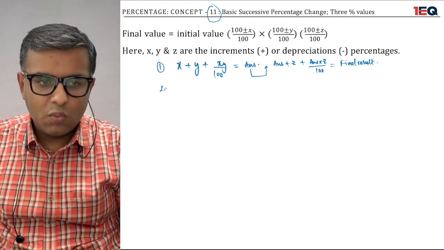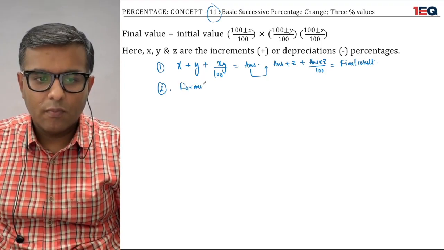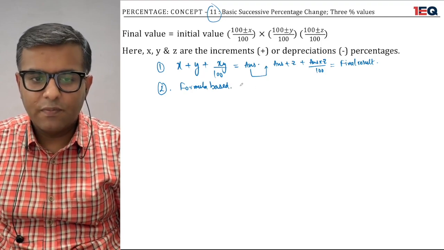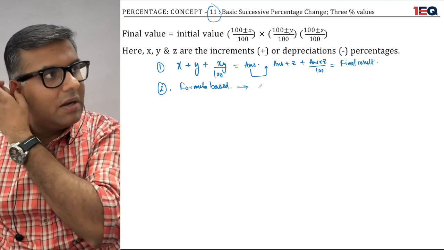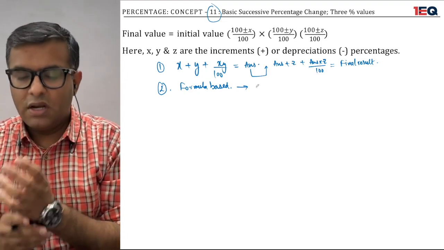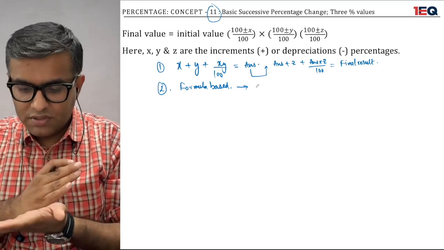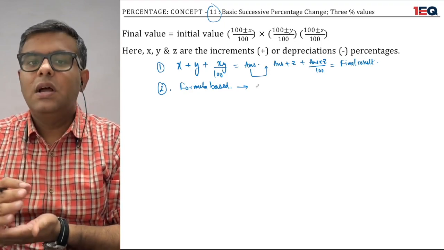The second way is a formula based way. The formula based way is a little tricky, and it should only and only be used when the percentage changes are very tricky.